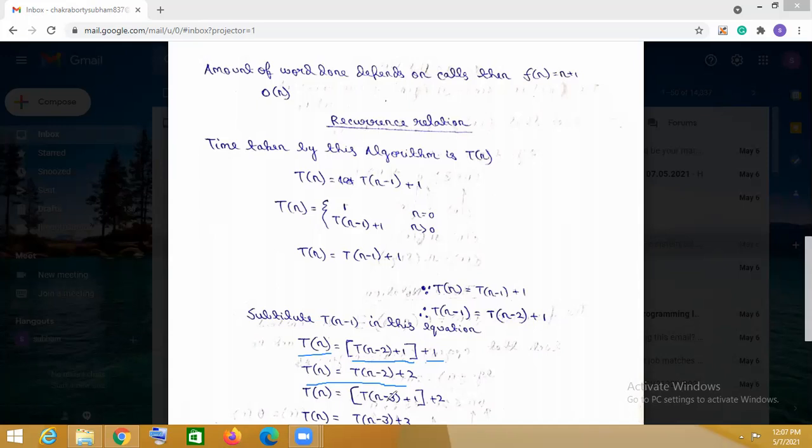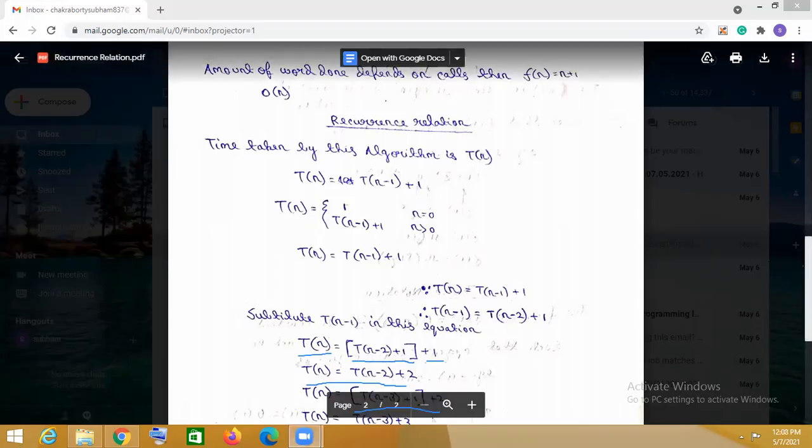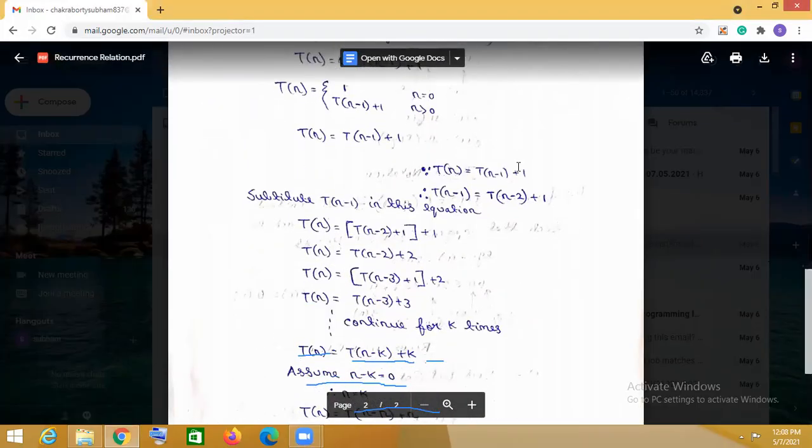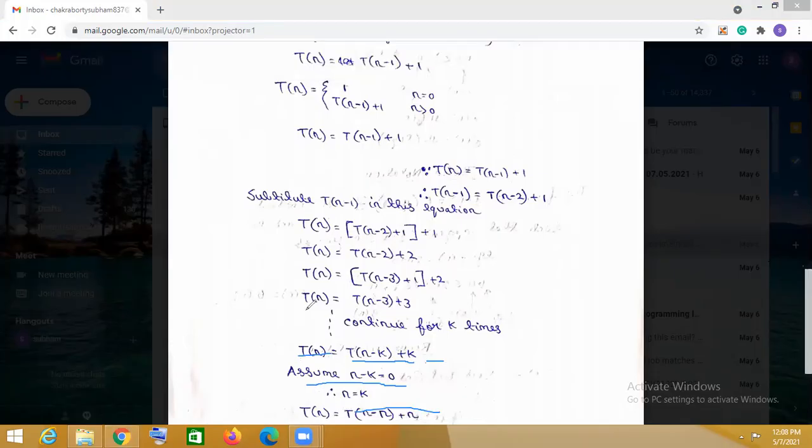So after substitution, Tn minus 2 equals Tn minus 3 plus 1, and after this substitution it becomes Tn equal to Tn minus 3 plus 3.